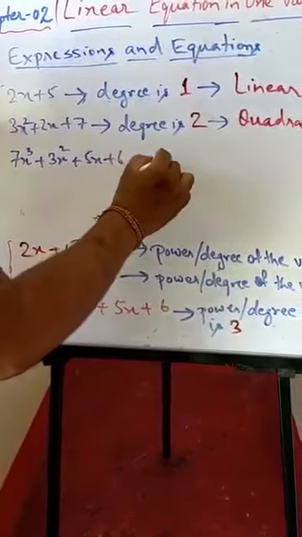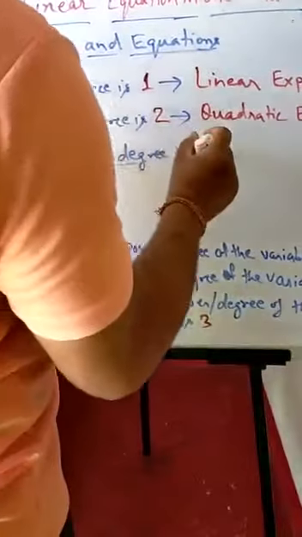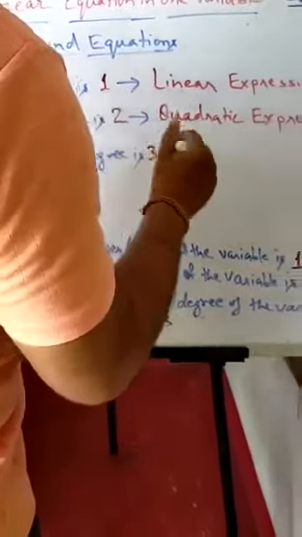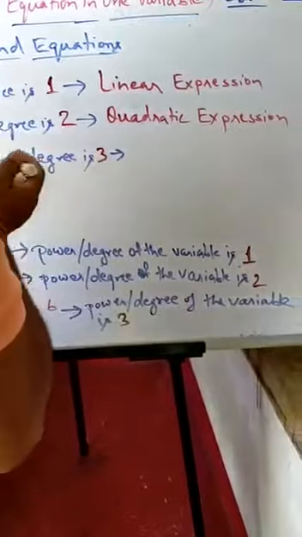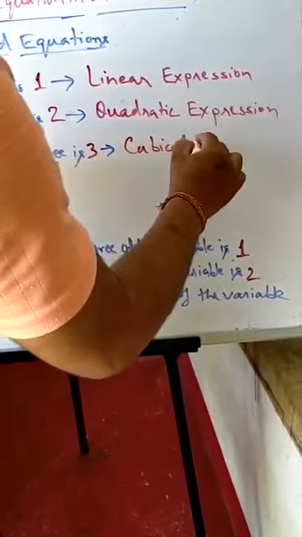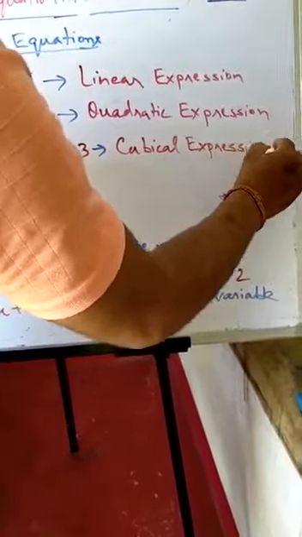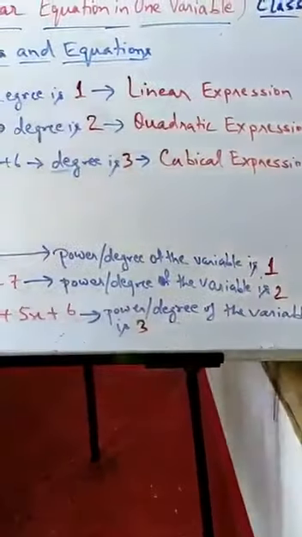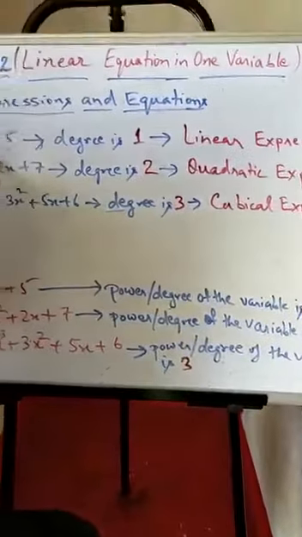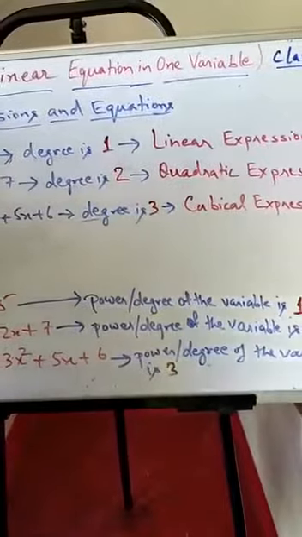Its degree is 3, so it is called a cubical expression. Clear? Whenever the power of the variable is 1, we call it a linear expression.